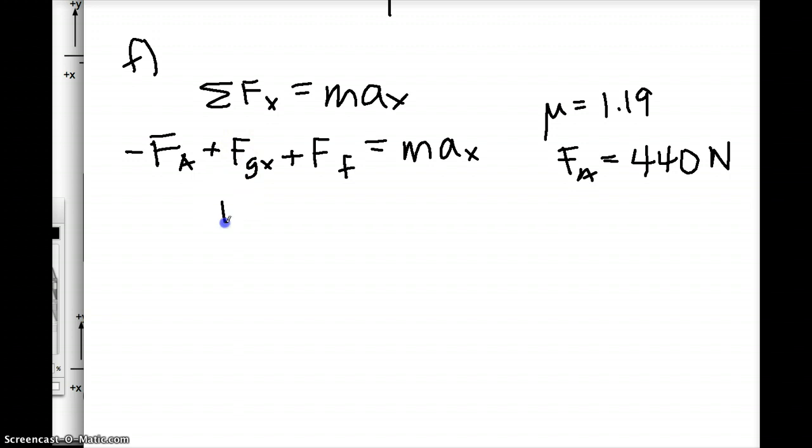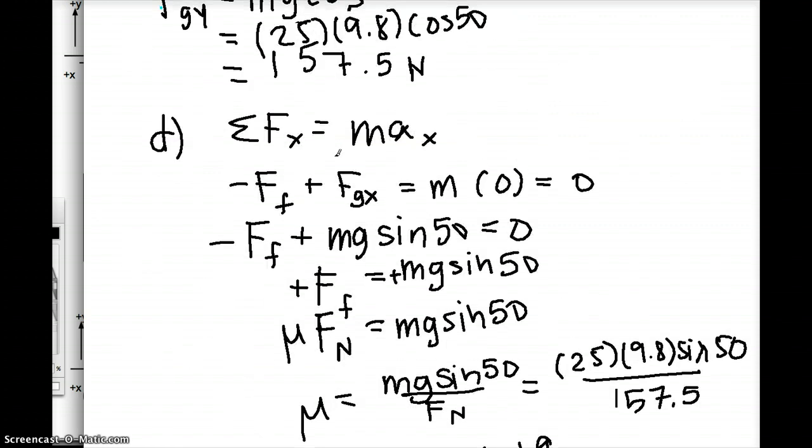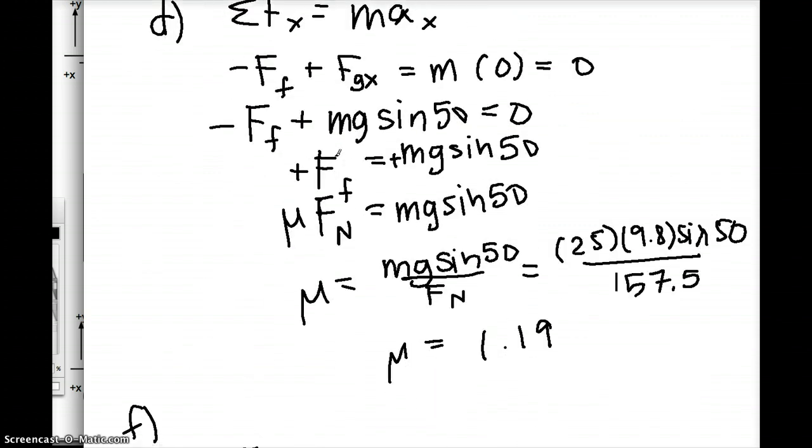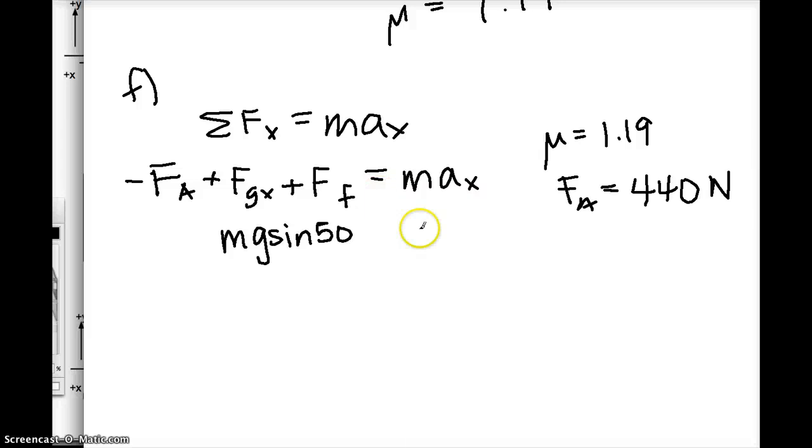My x component of gravity, as discussed in that last problem, is going to be the force of gravity times the sine of 50. And my friction force is 1.19 times the normal force.